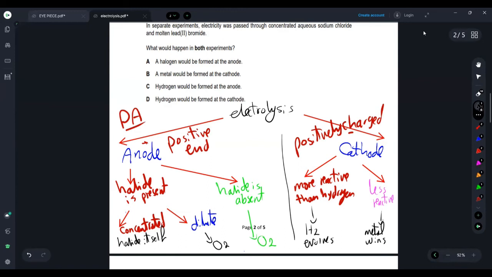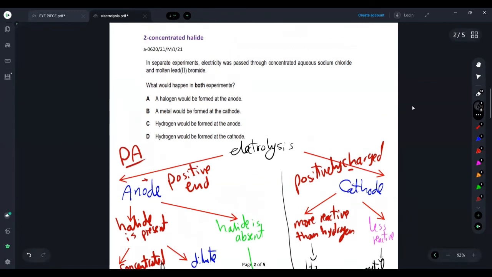For example, electrolysis of dilute sulfuric acid. H2SO4 gives H+ plus SO4 2-. Of course, we have an aqueous solution, so we have water as well, with OH- and protons.